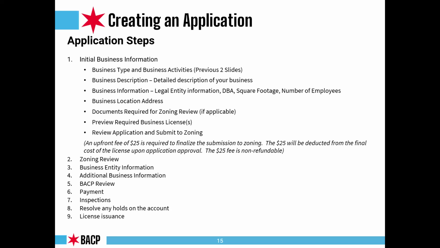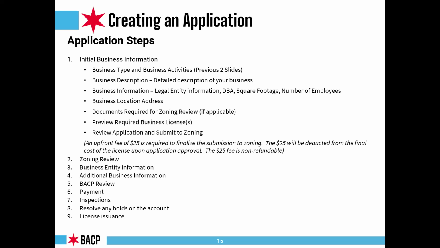So there are steps to actually gain a license through the city. The first is to provide the initial business information. We've already covered the business type and the business activities. You're also going to have to provide a business description. This is a detailed description of what your business does.